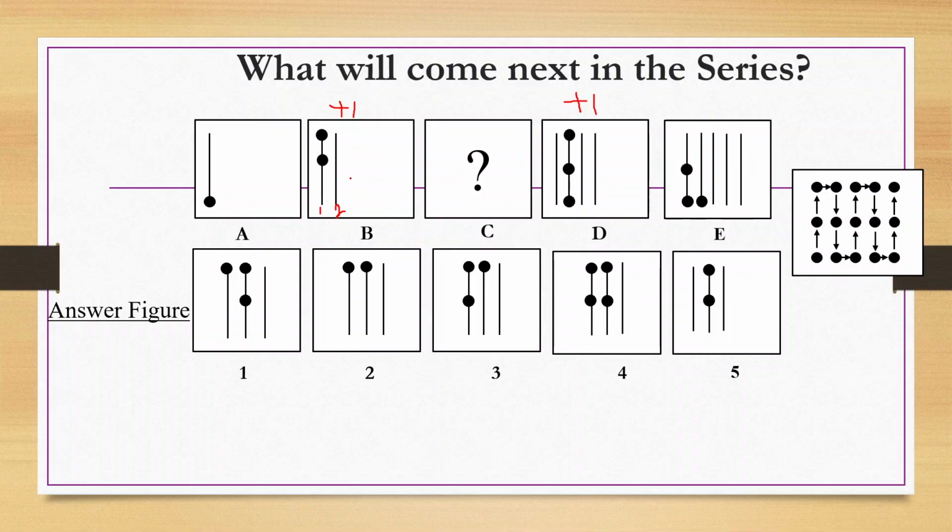So what we observe is in option number C there will be three line segments, and line segment 1 and line segment 2 will have the dot at the top. Okay, so see, there are three dots. So option number 1 is not our answer. Now, option number 2, this is line segment 1, this is line segment 2, and the dots are there at the top. So we got our answer as option number 2.